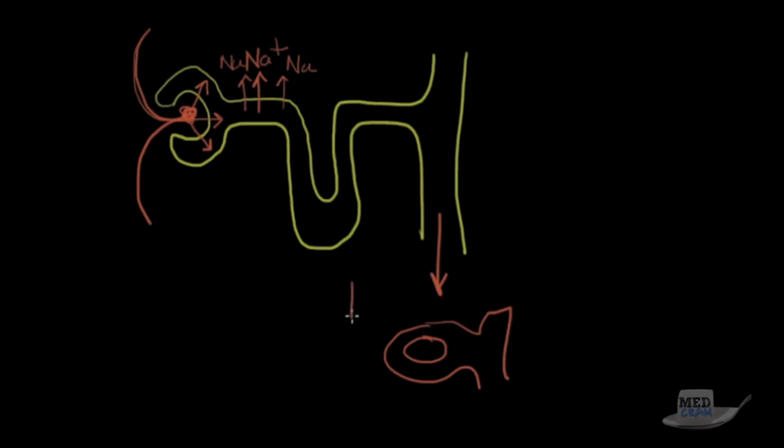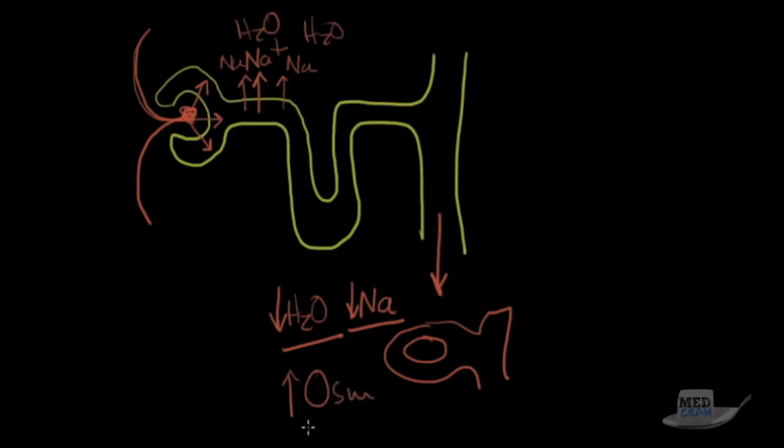Well, it's going to be very low in sodium in a pre-renal situation. And of course, as sodium goes up, guess what else comes with it? Water. And so are you going to have a lot of water in the filtrate, in the urine that's coming out? The answer is no. So you're going to be very low in sodium and very low in water. So that leaves a high concentration, or a high osmolarity, to the urine that's coming out.